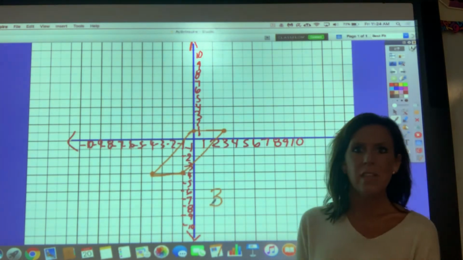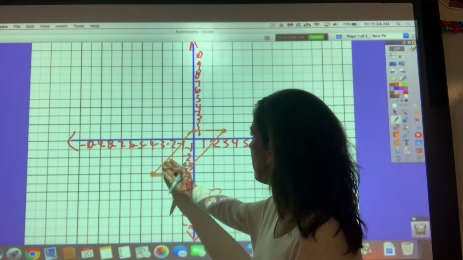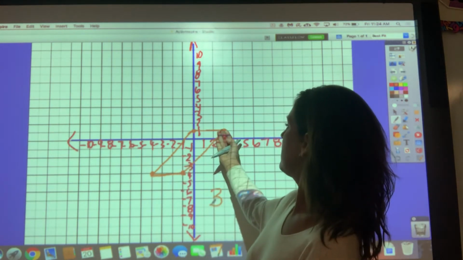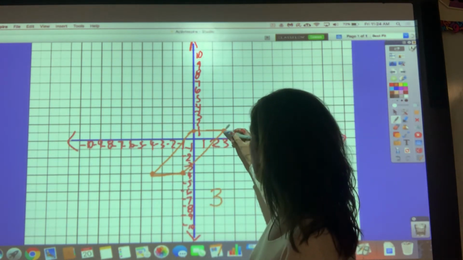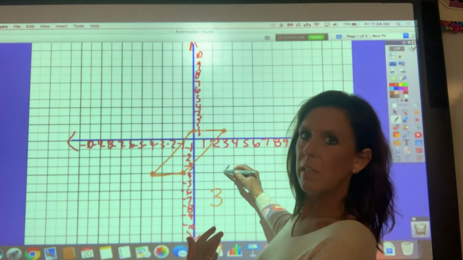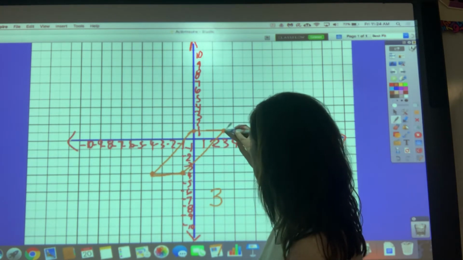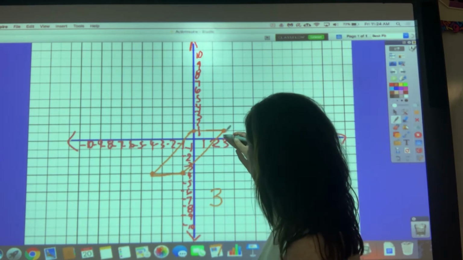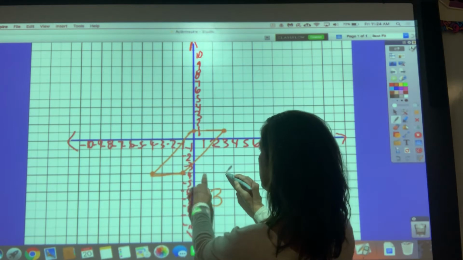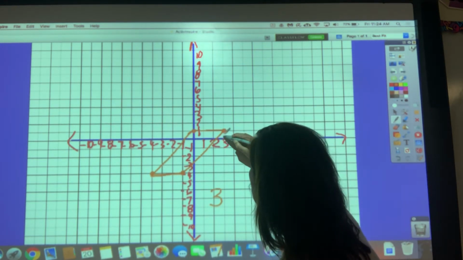Our base is 3. And this is an example of what I mentioned earlier: because this parallelogram is tilted this way so much, we're gonna find our height right here. Just like the triangle that leans back and you find the height out here, the height's gonna come down to where the base would be if it came out this far. So we go 1, 2, 3, 4, 5.